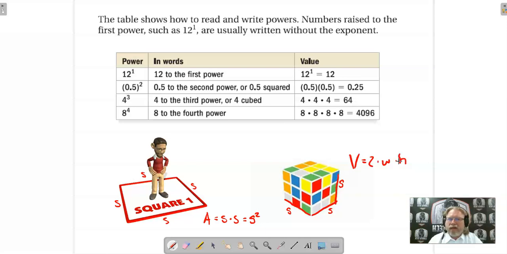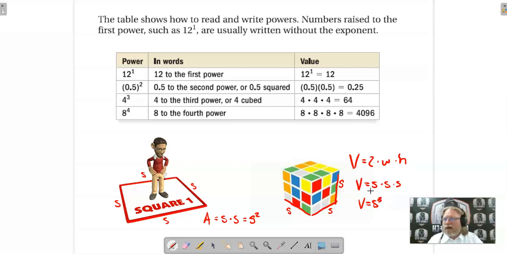Well, a cube, by definition, has equal length, equal width, and equal height. So in this case, we would just say its volume is equal to the side length times the side length times the side length, and we would have V equals S cubed.